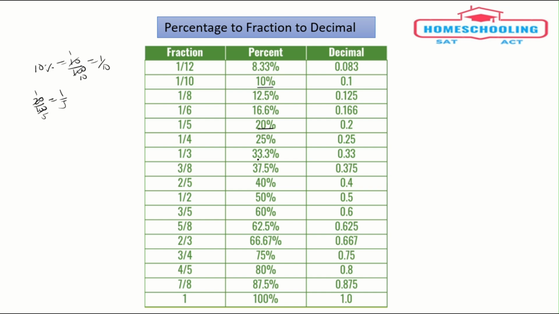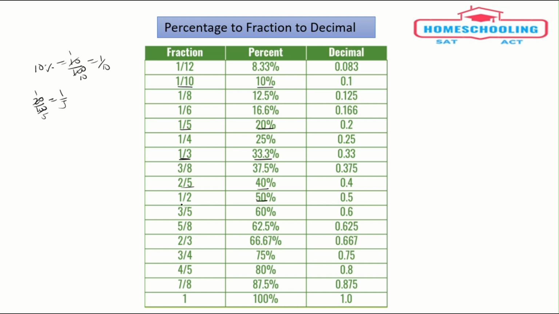Then the next is 33.33%. That is one third of 100%. So 33.3%. So these are the simple ones which you can remember without any effort. Then 40. So 40 by 100, that would be 2 by 5.